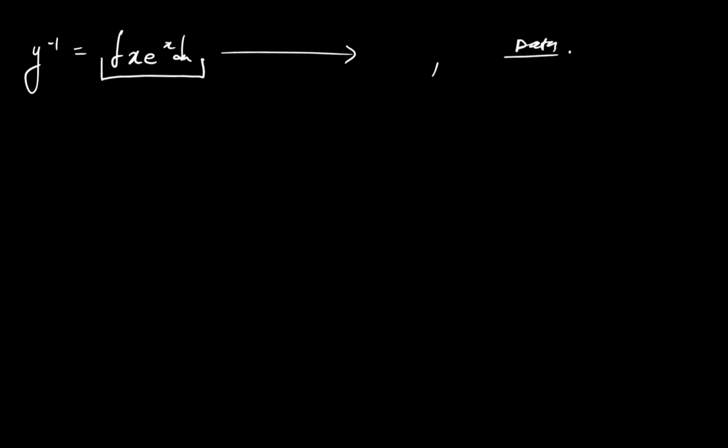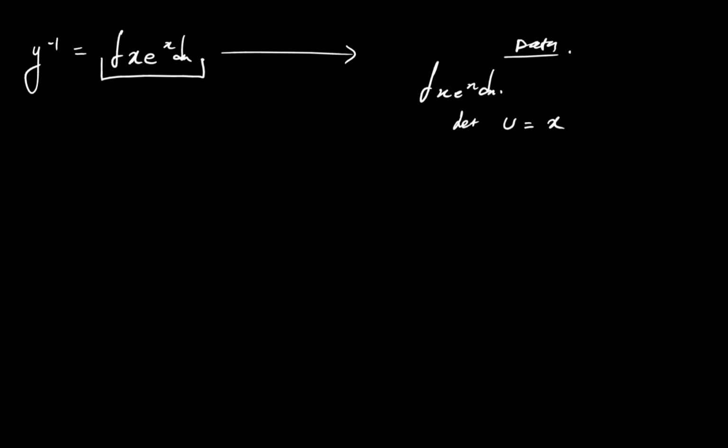Now, the integral of xe to the x dx involves us using what is known as integration by parts. So what we're going to do is let u be equal to x. If at all you do not know integration by parts, you can always check out the playlist and watch the video on integration by parts. Don't worry.